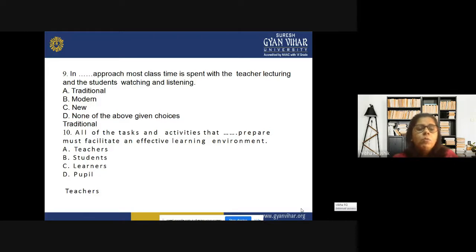Now the tenth one: all of the tasks and activities that dash prepare must facilitate an effective learning environment.